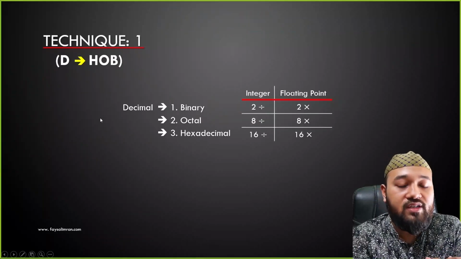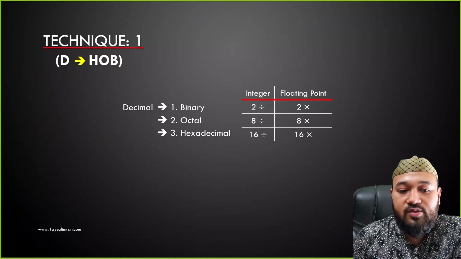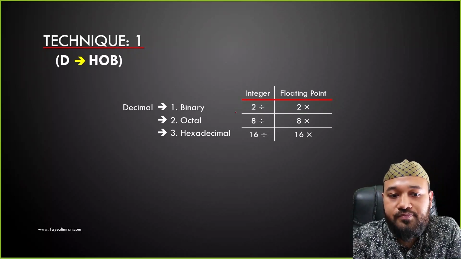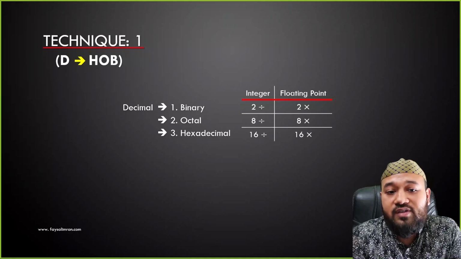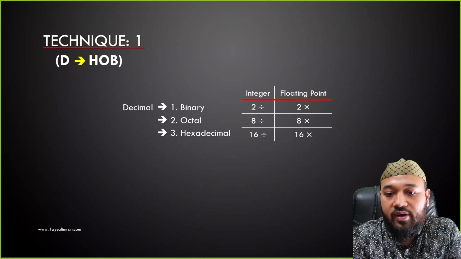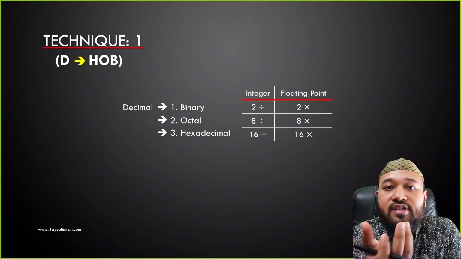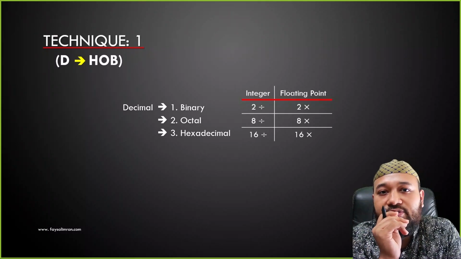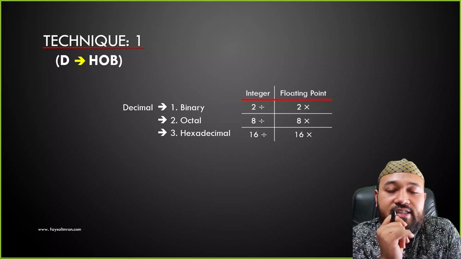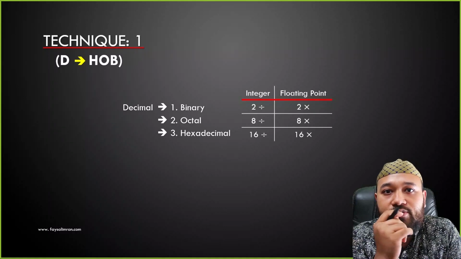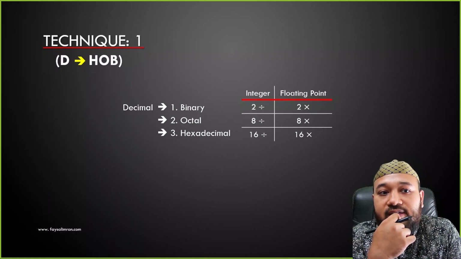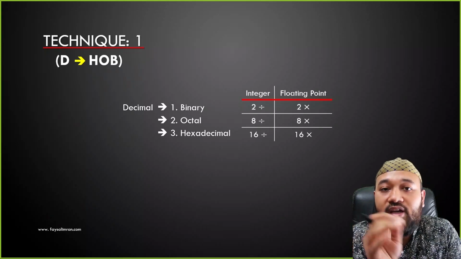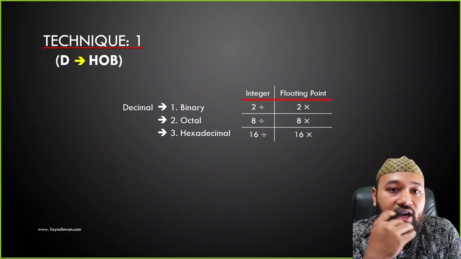This is our technique 1, D to hop, that means decimal to binary. So at first we have to know how we can convert the number system very easily. If you go to visit your relative's house, and you have had your dinner at home at 9 p.m. and your relatives have dinner at 10 p.m., you have to maintain their rules when you are in their house, right?